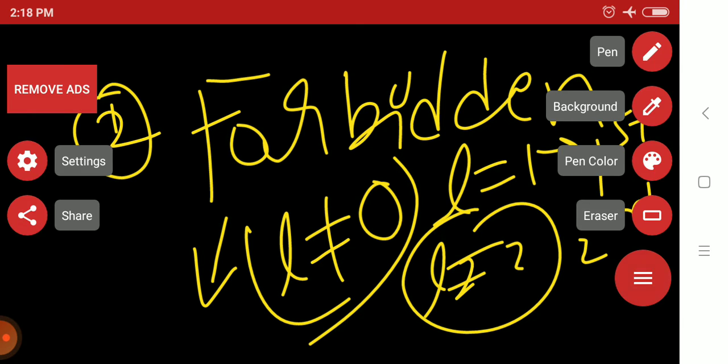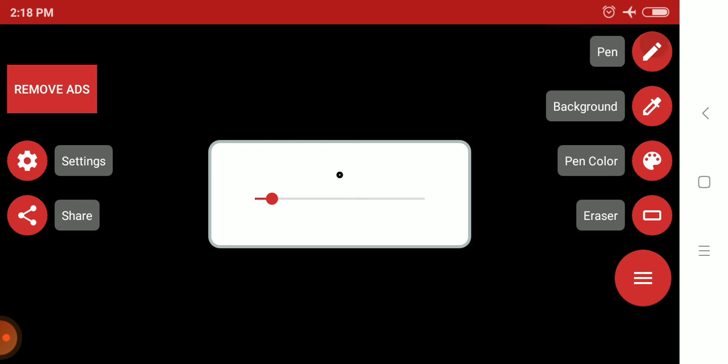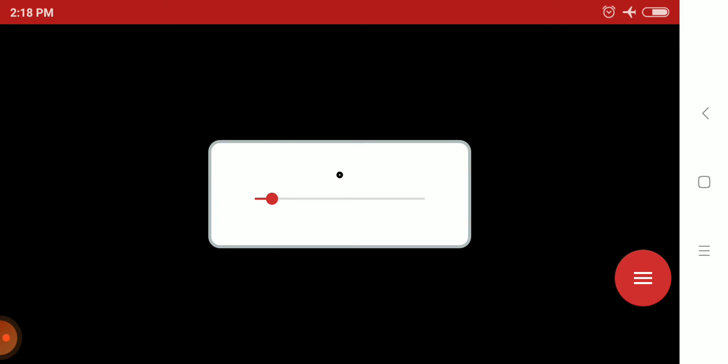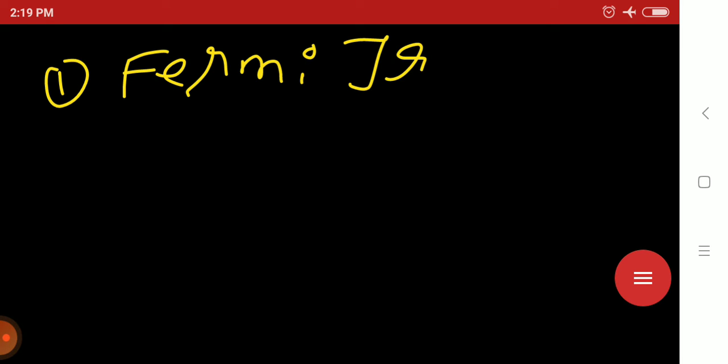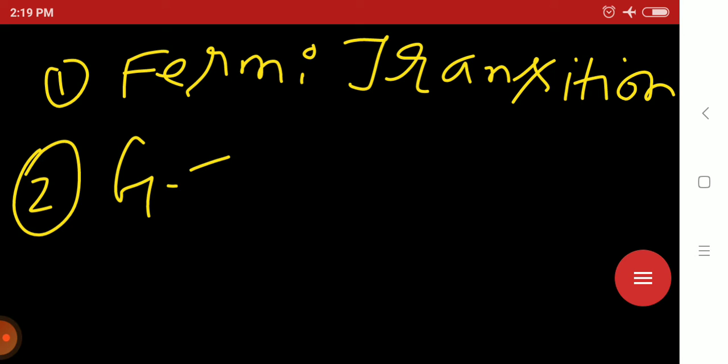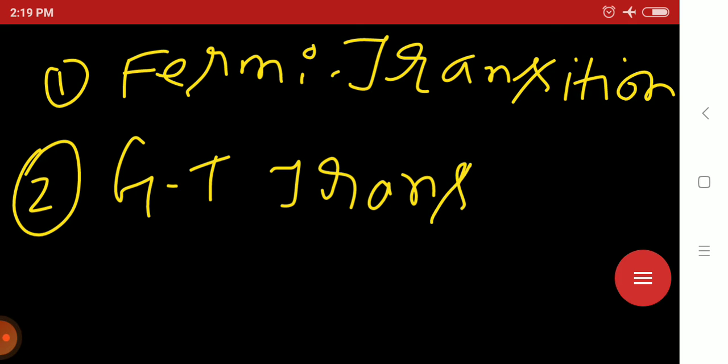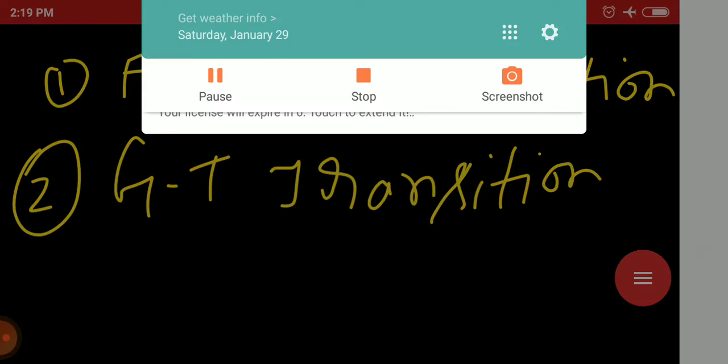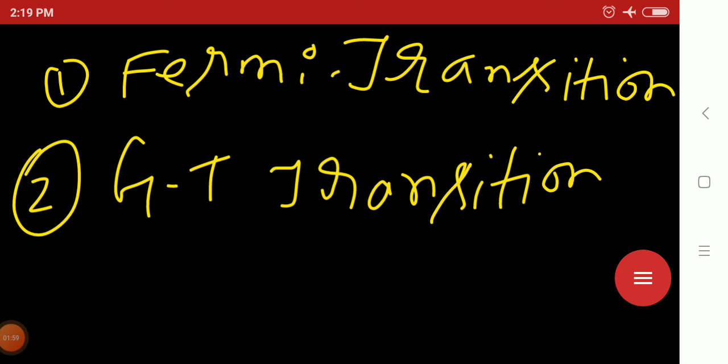Now we are going to identify, in the case of allowed transitions, there are two other types of transition: the Fermi transition and the GT transition, the Gamow-Teller transition.